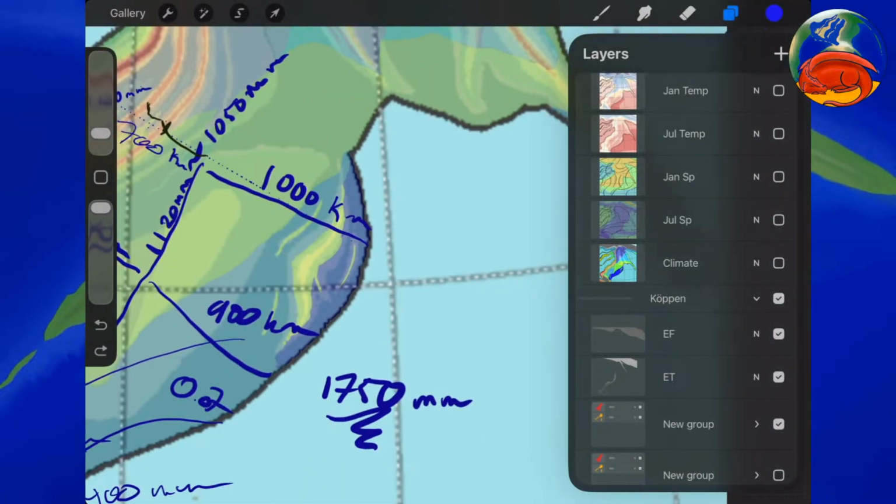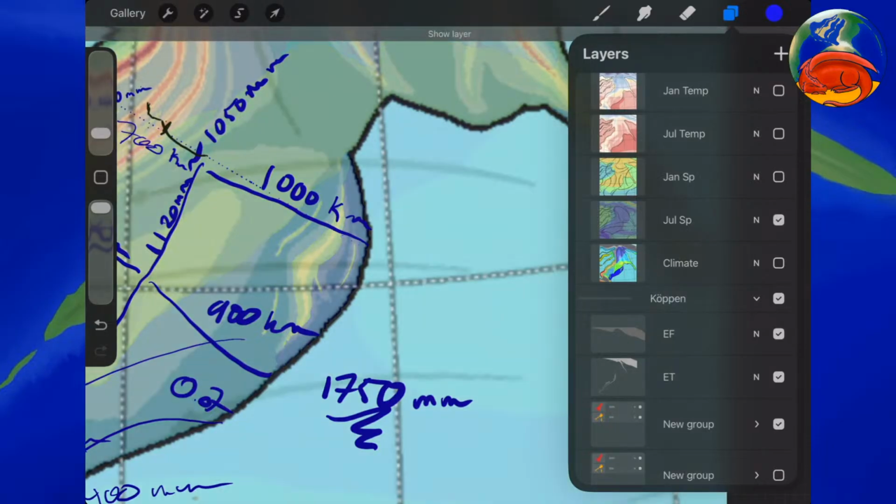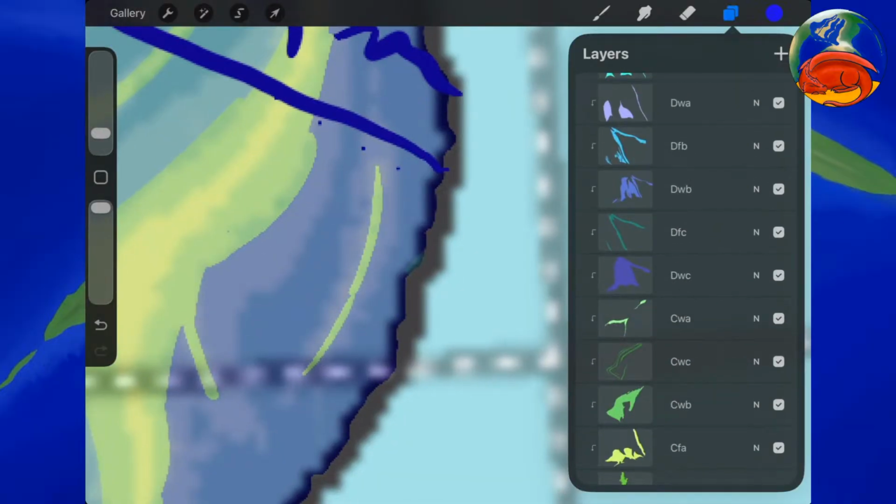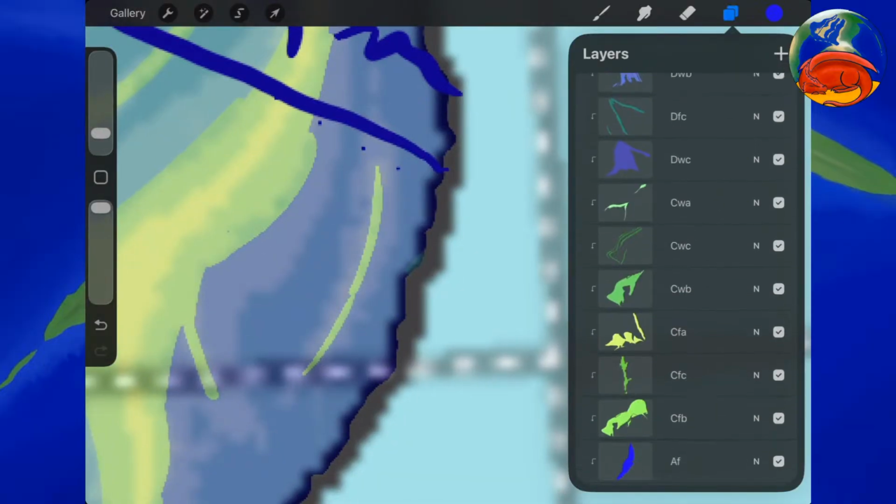I'm thinking of putting some AM in the middle of there a little bit, but we'll see. Yeah, I'll probably put some AM just in this region here where we see a bit of an overlap.